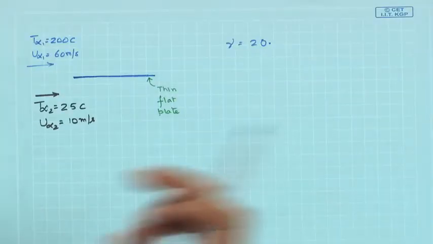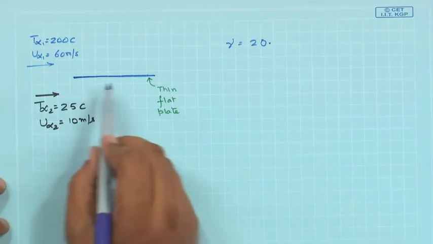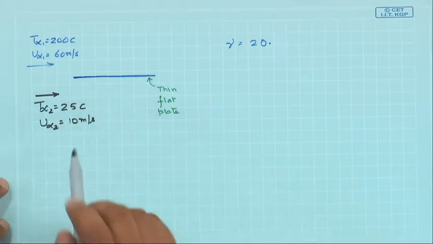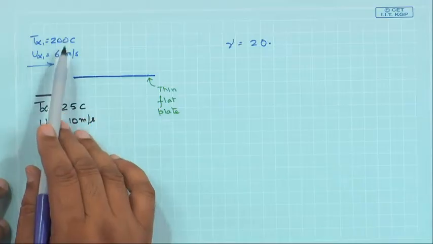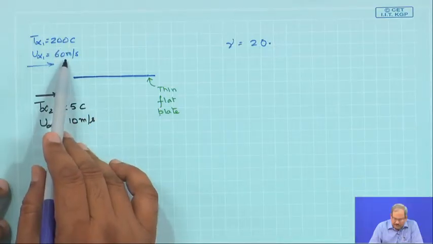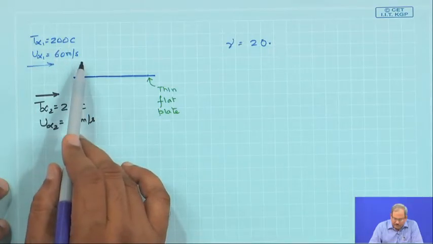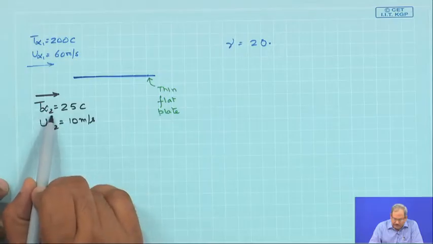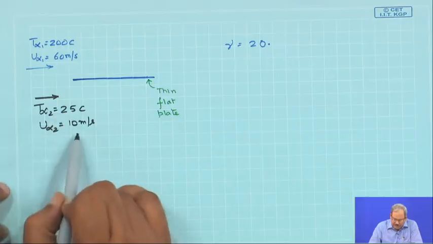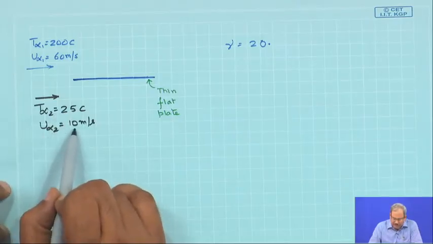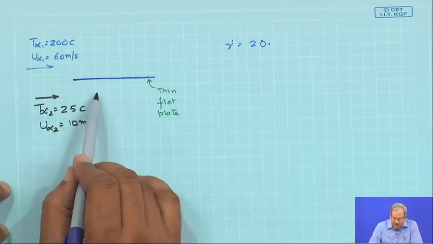So, let us look at the diagram which depicts the flow situation. This is a thin flat plate, and we have an air flow at 200 degree centigrade and 60 meter per second flowing over the plate, and another air flow at a temperature of 25 degree centigrade and a velocity of 10 meter per second flowing below the plate.